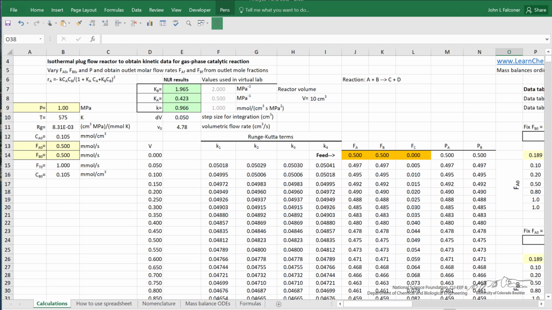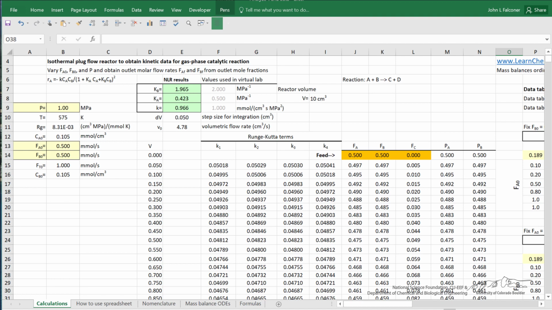Well, in order to do the nonlinear regression, we need to repeatedly solve these differential equations for a number of different conditions so we can then compare the experimental measurements, in this case experimental means from a virtual laboratory, to the values that we calculate for the parameters that we input. And of course initially we have to make guesses as to values.